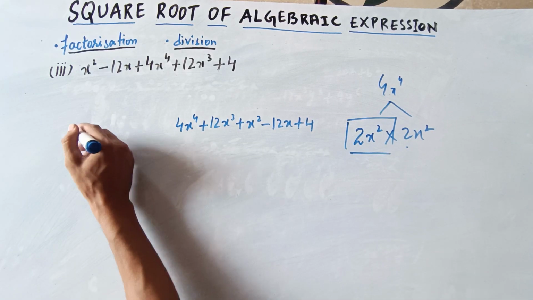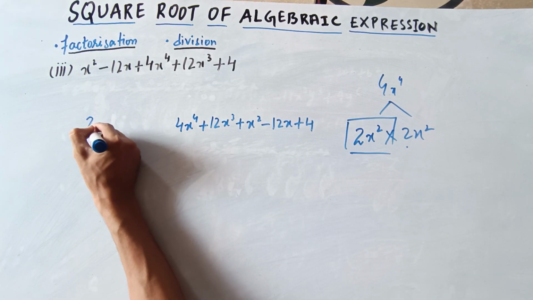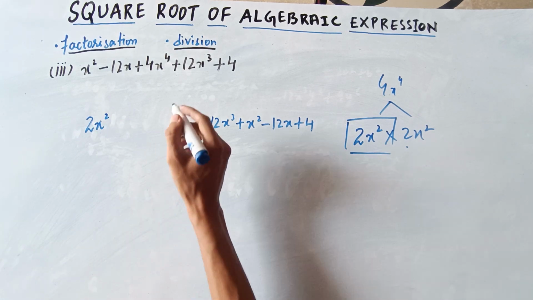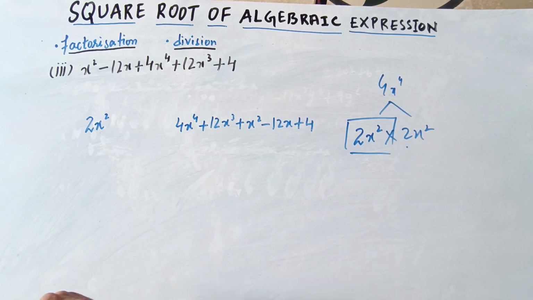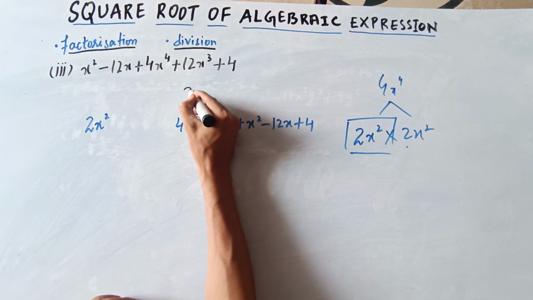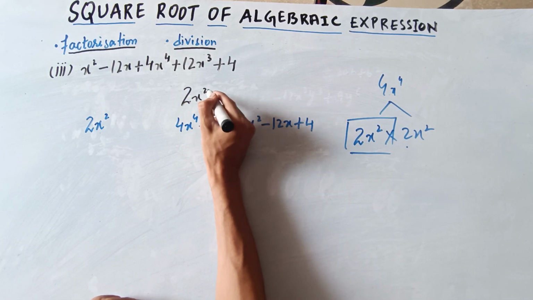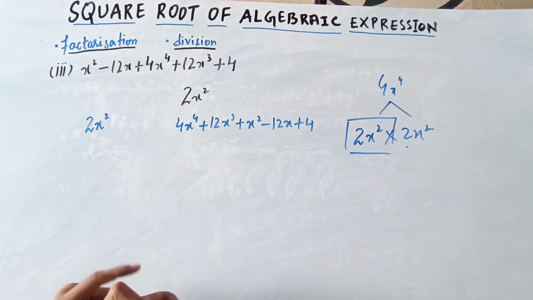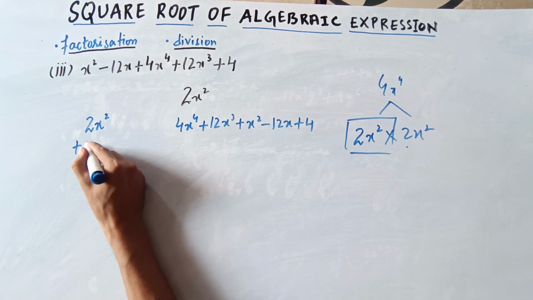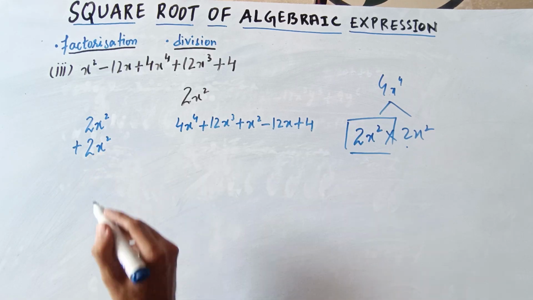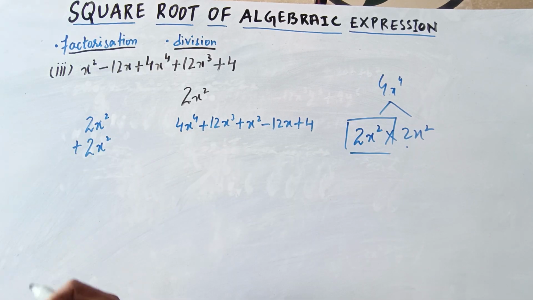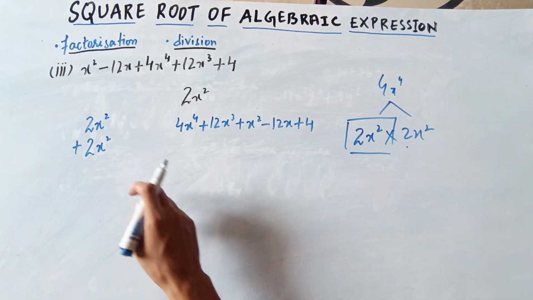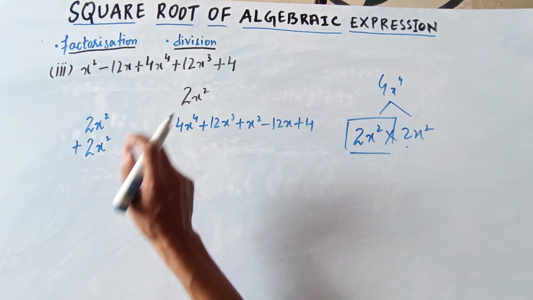So you need to write 2x square in the divisor, and not only here, you need to write it in the quotient as well, because the quotient will be the answer, and you need to write it over here in the addition as well. So remember, whatever you write in the divisor, in every step you need to write it at 3 places, 2 times in the divisor and 1 time in the quotient.